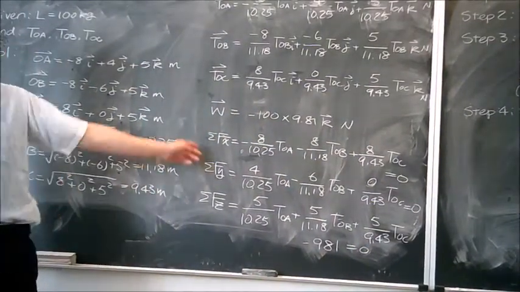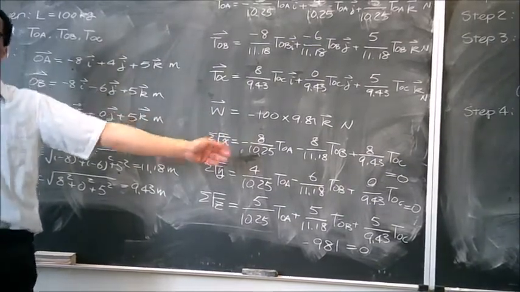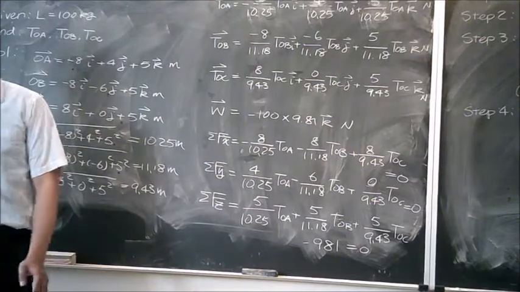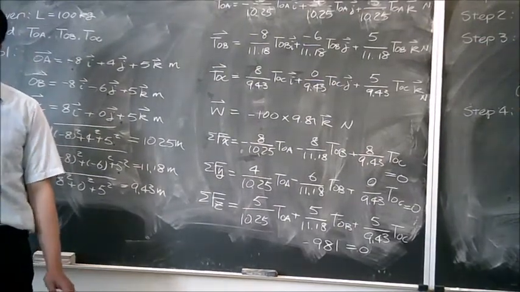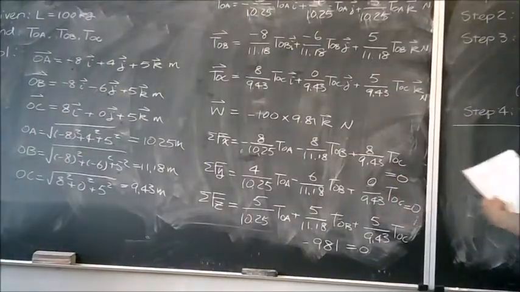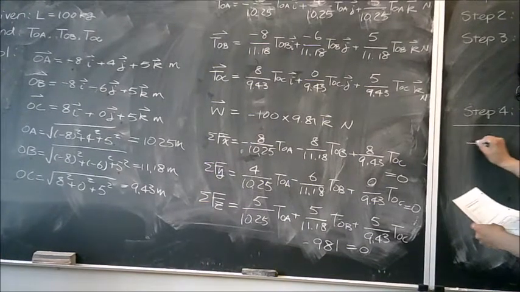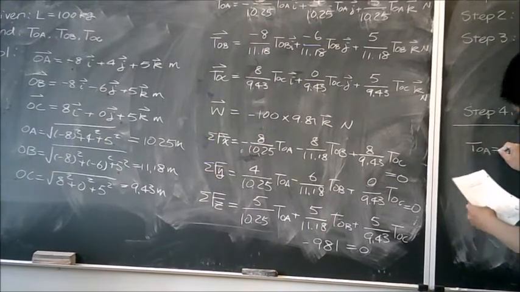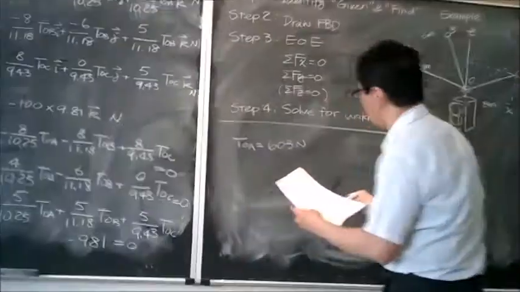Okay. How many unknowns do we have here? Three. How many equations do we have here? Three. The solving procedure is going to be a little bit tedious, but you should be able to solve for the unknowns. If you solve all the unknowns, that's actually the last step over here. Then we get POA equals 600 Newton.